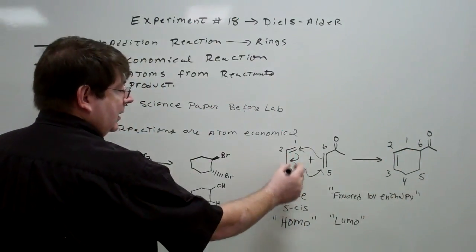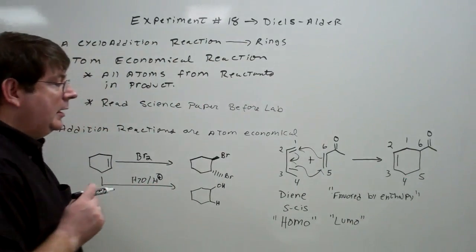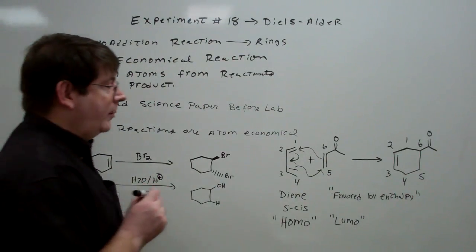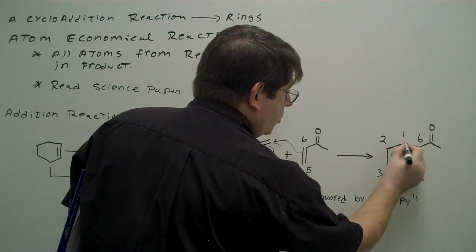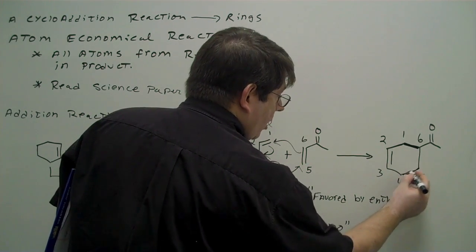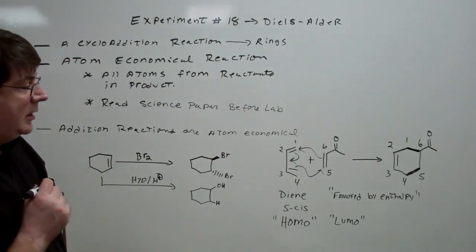So we've taken a diene and an alkene, and we've formed a new six-membered ring. The important thing to note here is we're forming two new carbon-carbon bonds between carbons 1 and 6 and between carbons 5 and 4. And I'll just bold those a little bit there so you can see which ones we're talking about.